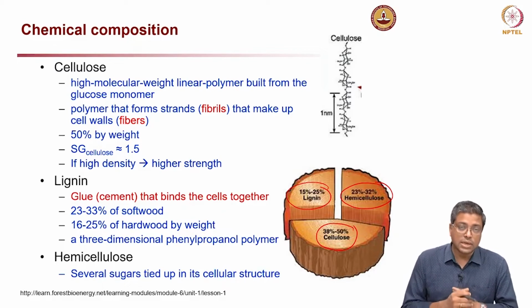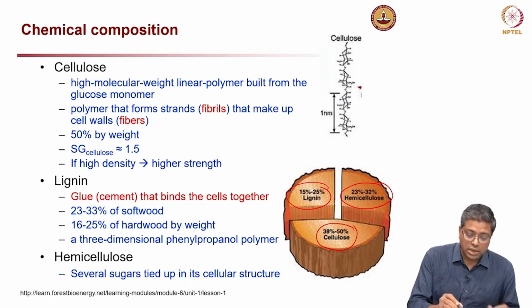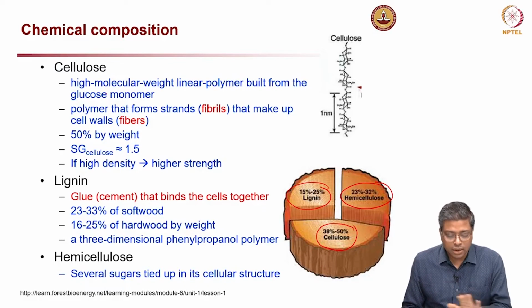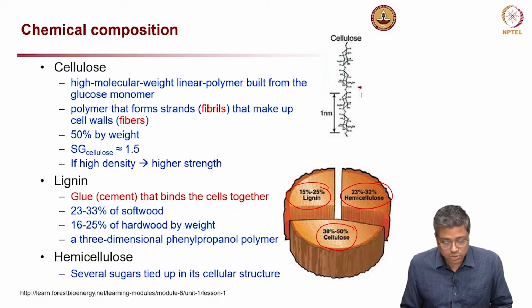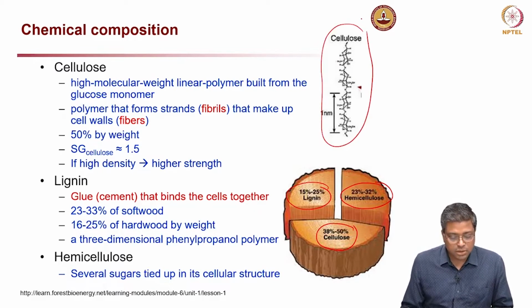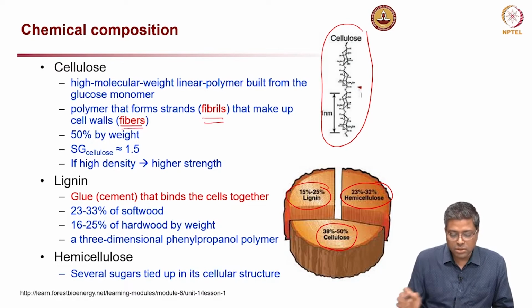Now, what are these three things? Cellulose, what is it? It is a high molecular weight linear polymer built from glucose monomer. That is in general a description of what cellulose is. You can see a polymer structure here, and the polymer forms strands, fibrils that make up cell walls, fibers.